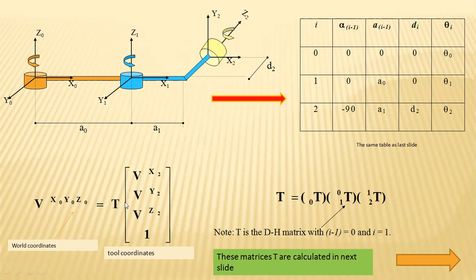Finally, we need to obtain this v of x2, v of y2, v of z2. So here v represents the transformation towards vertex 1, vertex 2, vertex 3. And the overall transpose from 0 to 1 translation, and 1 to 2 translation. If another link exists here, then another translation.